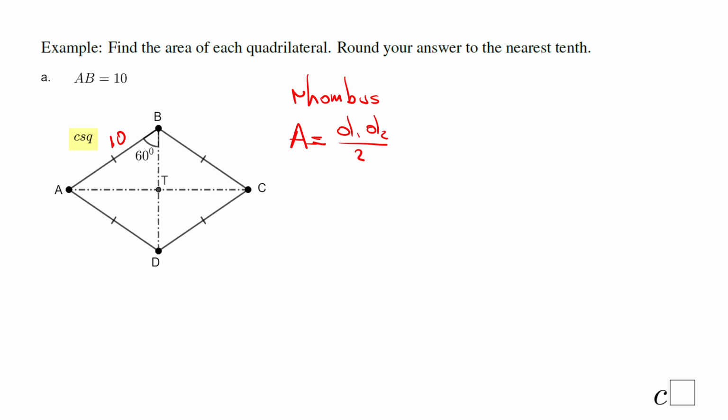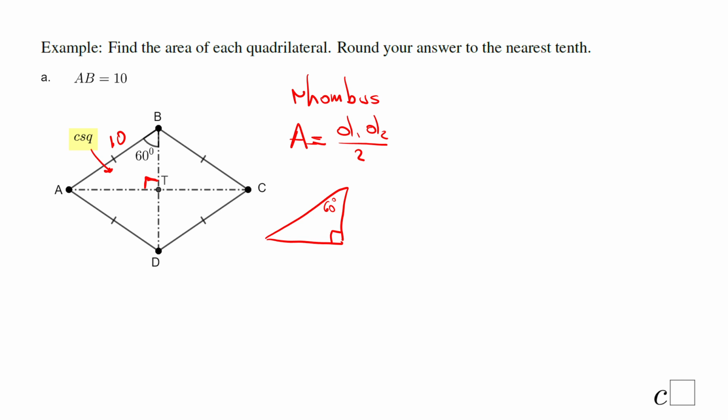Oh, but I think we can find pieces. Let's take a look. I'm going to just grab this triangle you see here, ABT. And this is 60. By the way, this angle is 90 because diagonals in a rhombus are perpendicular.